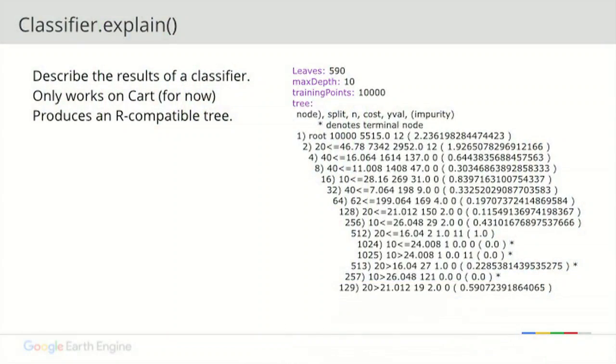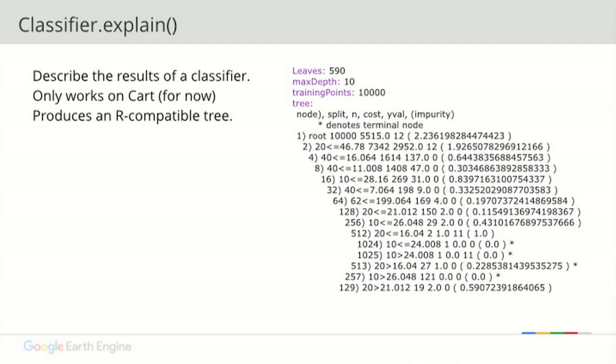Okay, so other. So you now know almost everything that you need to know to use our simple supervised classification stuff to good effect. There's some other stuff in here that you might care about. For CART classifiers, you can say, tell me your decision tree.